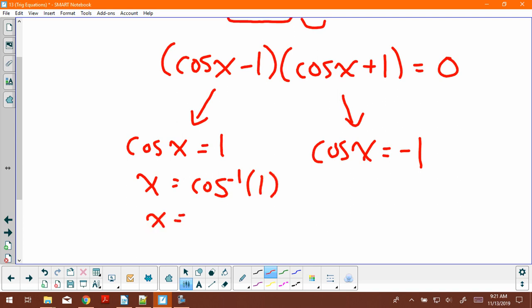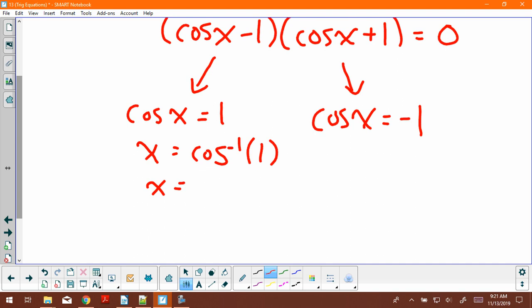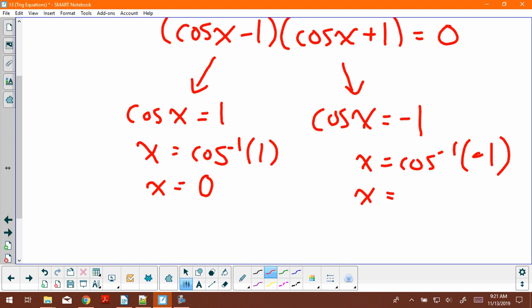And again, if we check our unit circle, that is equal to, not pi over 2, pardon me, that's equal to 0. And then for negative 1, if I do my cosine inverse, again we have a look at our unit circle. We get x is equal to pi.